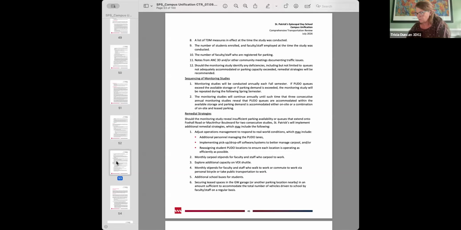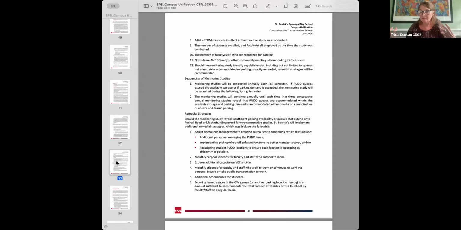All right, so this is sort of the meat of it. We can't really know how the traffic patterns are going to change. I mean, we can do our predictions, but we don't really know. And so when we talk about the monitoring, from the application, it seems like you want this 555 student enrollment cap, but you say it's going to take you several years to get there.